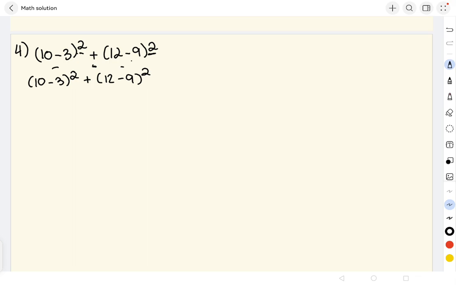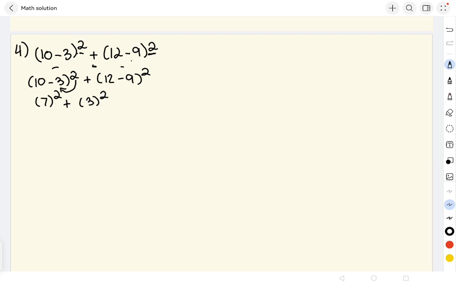So 10 minus 3 is 7, and we don't need to multiply the power of 2 to 3 because we need to multiply the power of 2 to the answer of 10 minus 3. So we apply that also to 12 minus 9, which is equal to 3.